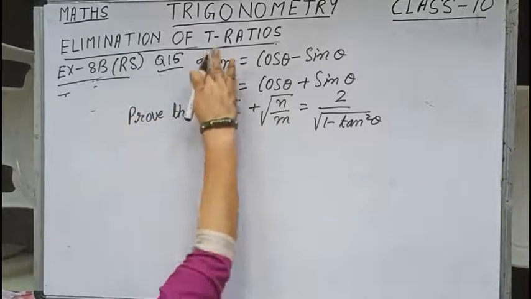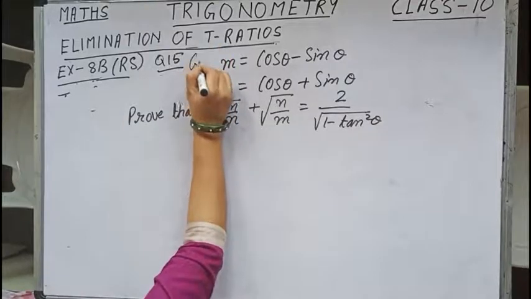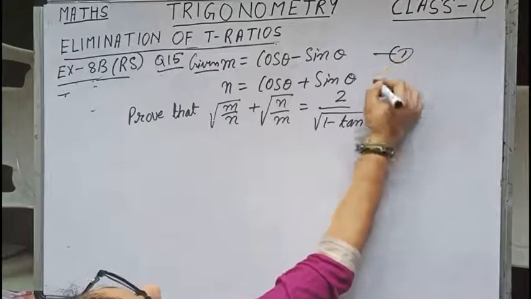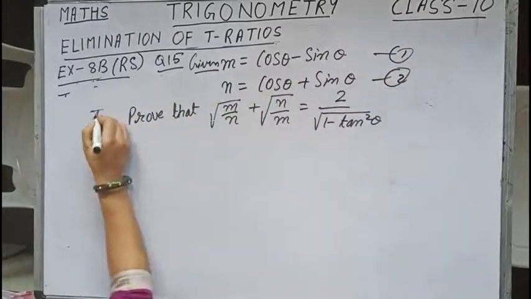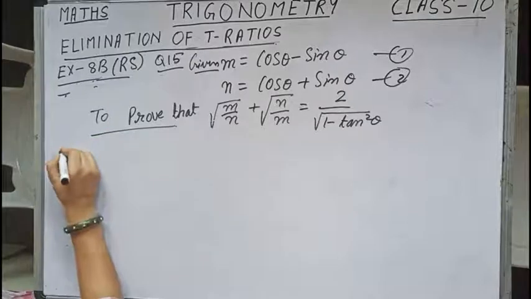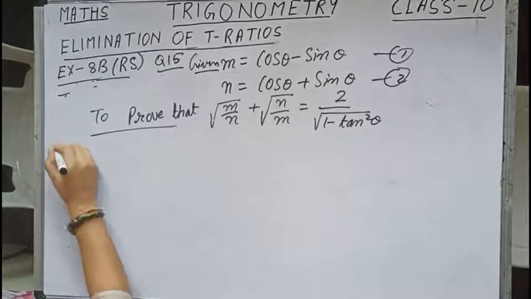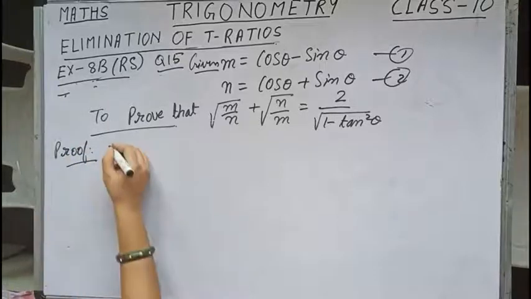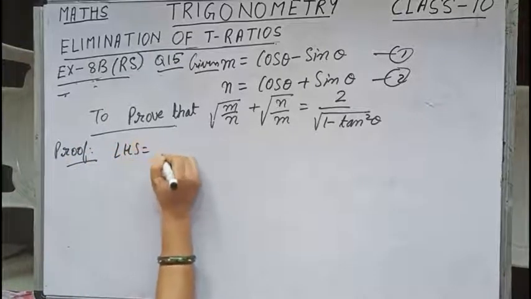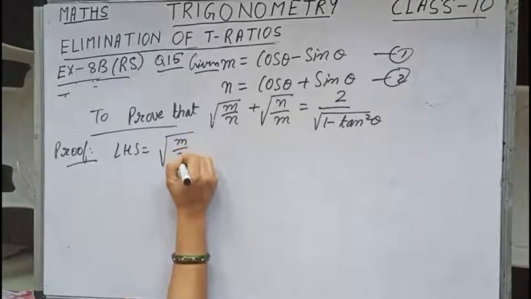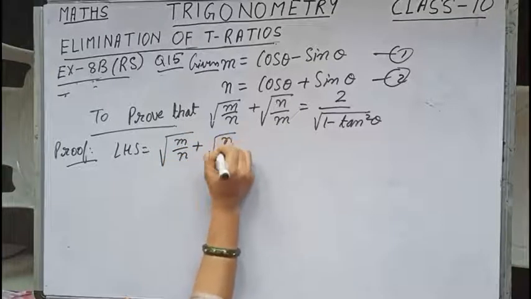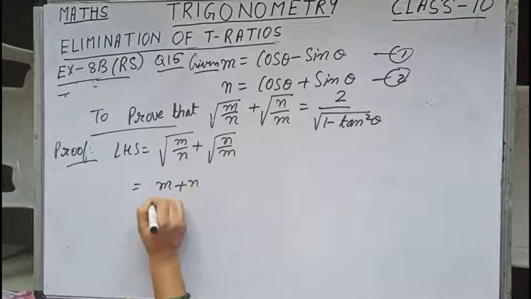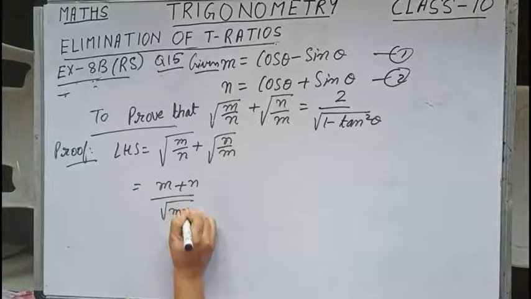So let us start. I am mentioning over here given, make it 1, this number 2, and over here to prove that. So proof. LHS equals under root m by n plus under root n by m. So this will be equals m plus n by under root mn.